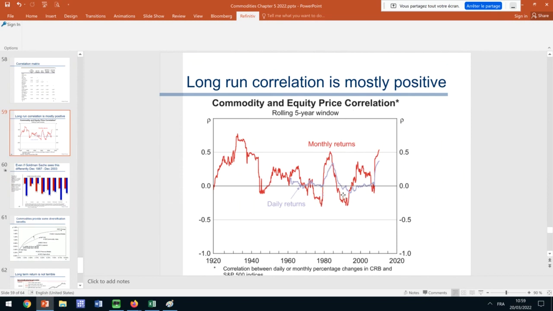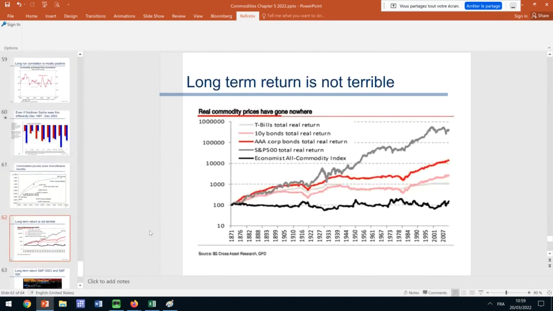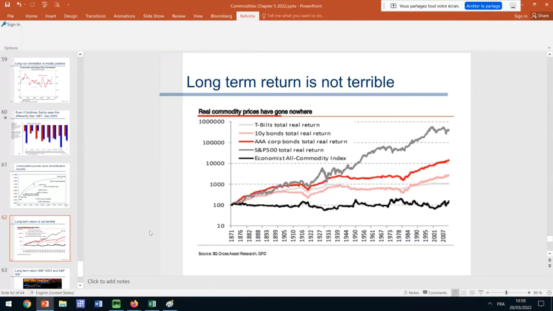Let's look at the red one. You can see that in this period, indeed, there was a negative correlation. But if you look at the long-term correlation, it's more often positive than negative, which means that even as a diversification tool, commodities are not necessarily a good diversification tool.